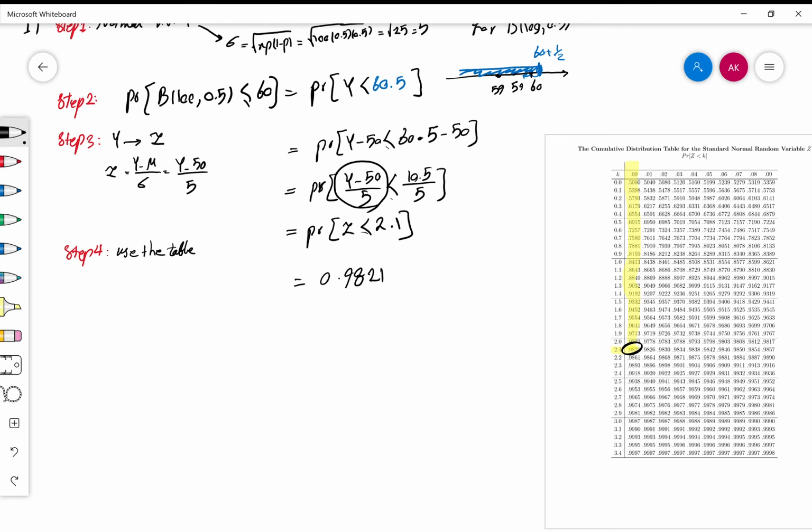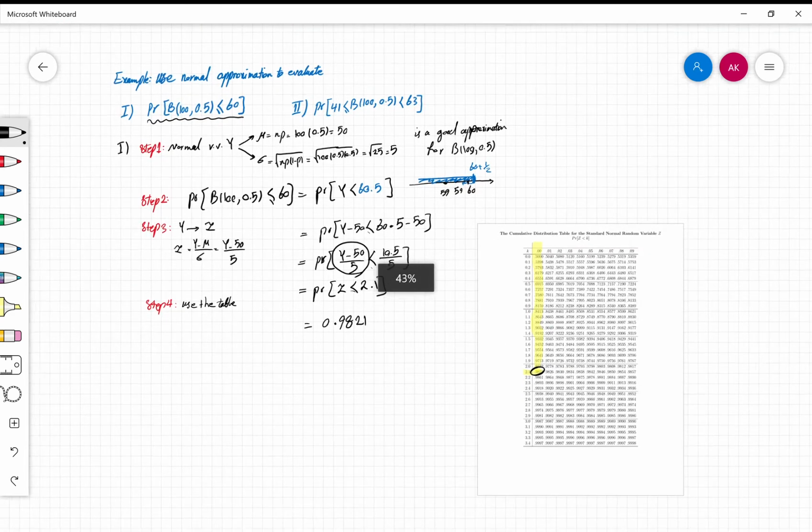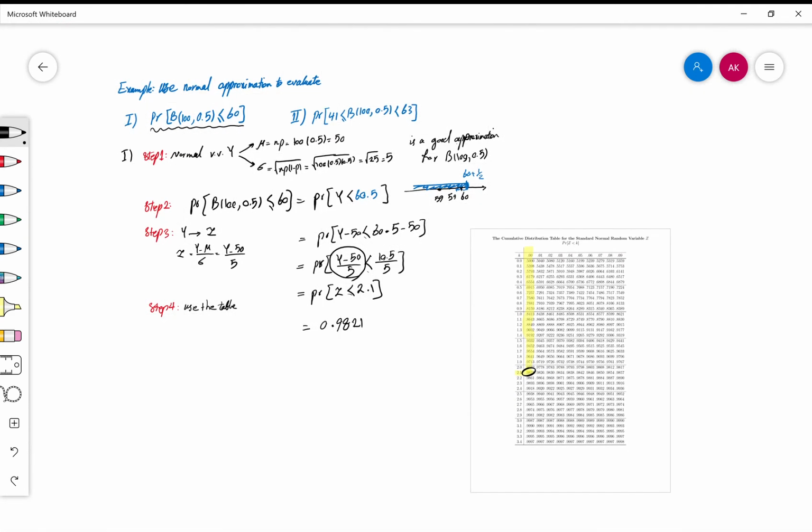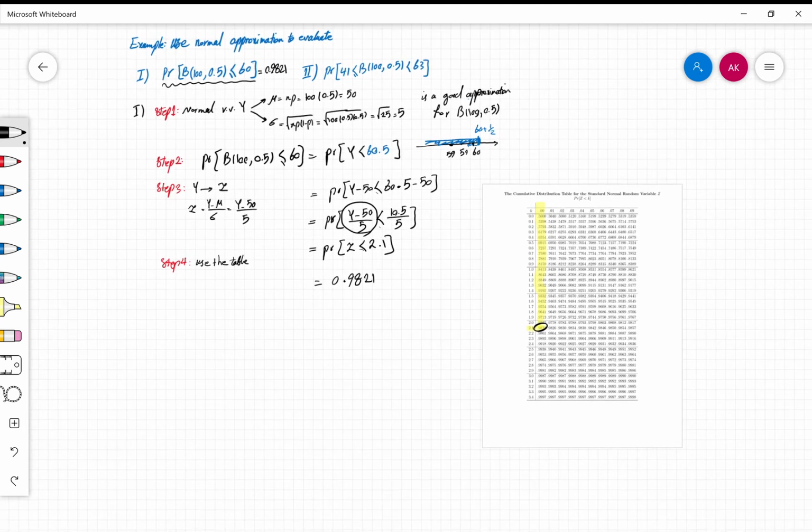This last step may have several steps, but in this case it was easy, and we were able to compute and finish part 1, which gave us 0.9821. Okay, that's the first example.